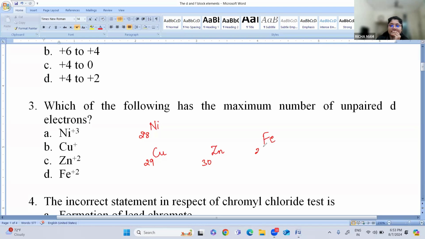Now based on that, nickel, when I write the electronic configuration, Ni+3. So write the electronic configuration.